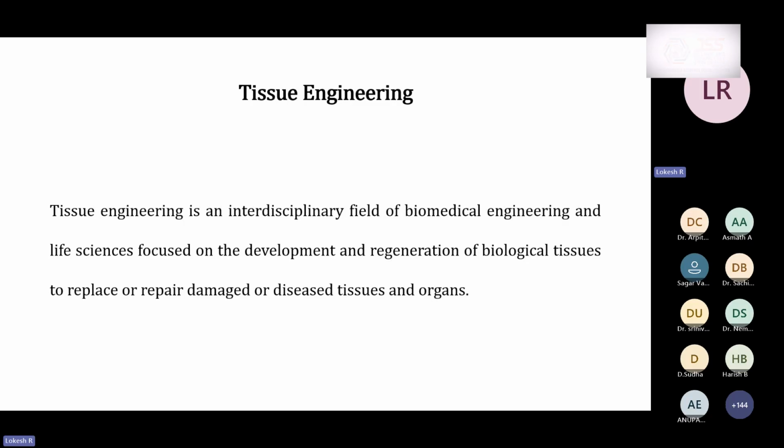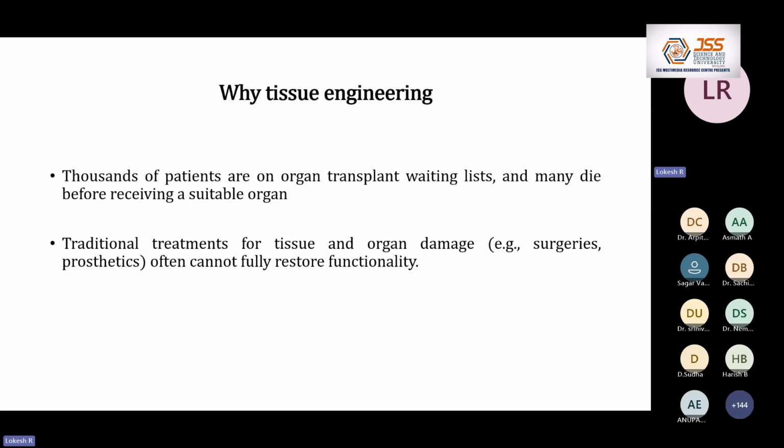Then there will be no immune rejection, which might happen if a part from some other person is added, as the foreign particle could be rejected. That is avoided here. So why do we need tissue engineering? See, thousands of patients need organ transplants, but they die before they receive a suitable organ.